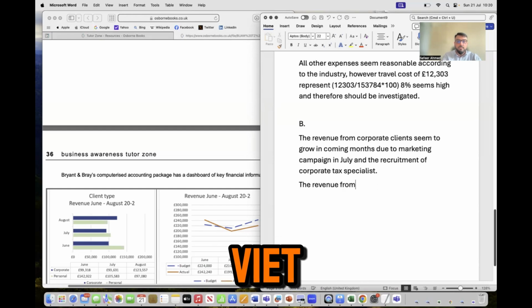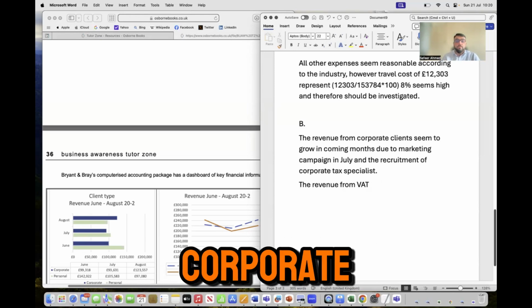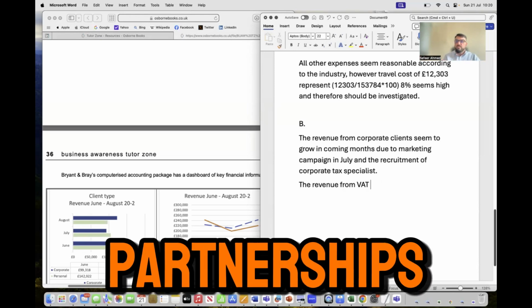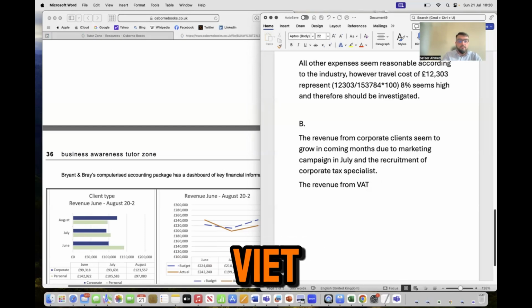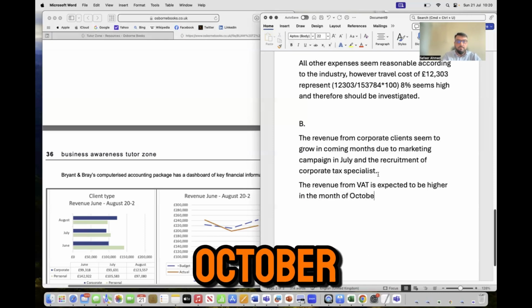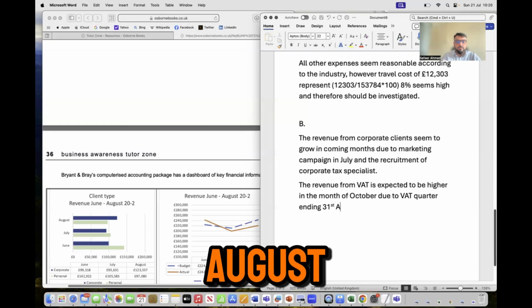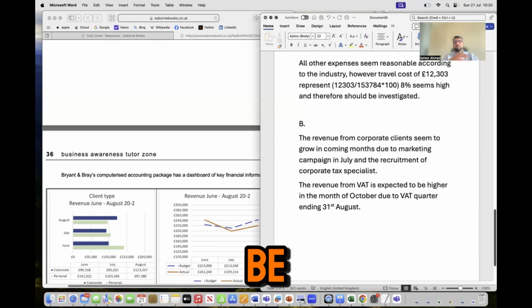The revenue from VAT rather than personal or corporate, because remember that VAT registered businesses can be companies, corporates, or sole traders and partnerships as well. So the revenue from VAT is expected to be higher in the month of October due to the VAT quarter ending 31st of August.